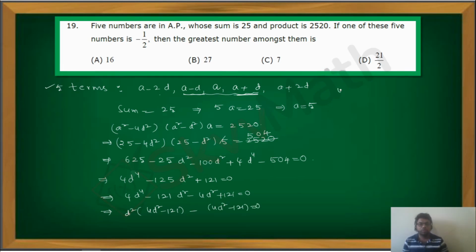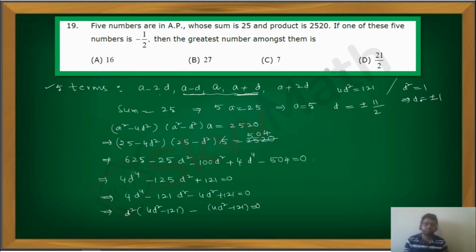So we got 4D square is equal to 121 as one choice. The other choice is D square minus 1 equals to 0, D square is equal to 1. So D is equal to plus or minus 1, and D is equal to plus or minus 11 by 2.